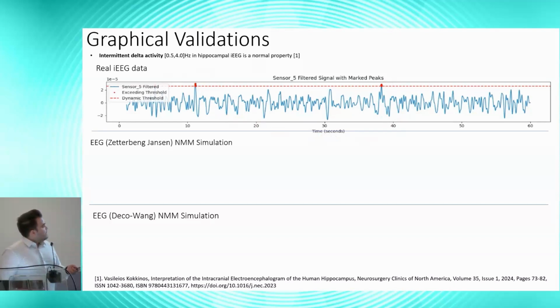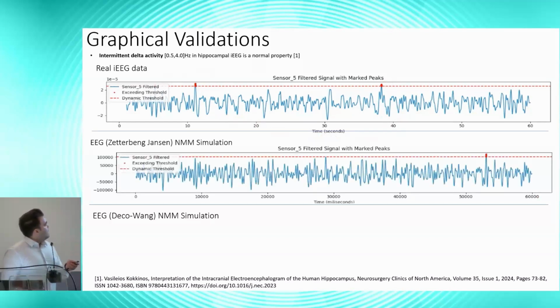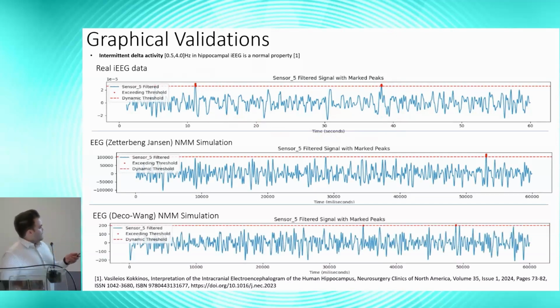We can observe the same pattern for the Zetterberg-Janssen simulation and for the DECO1. We can see some peaks intermittently in delta. And delta is within 0.5 and 4 hertz.